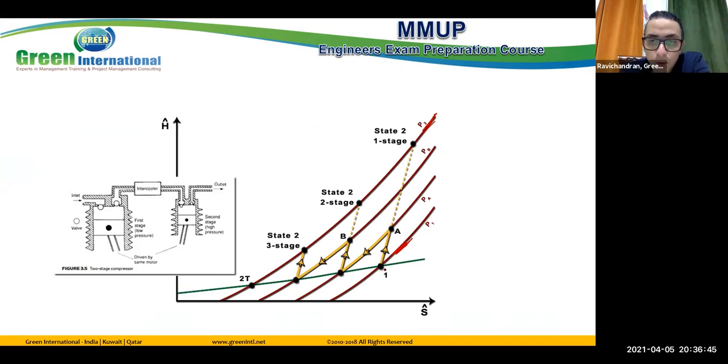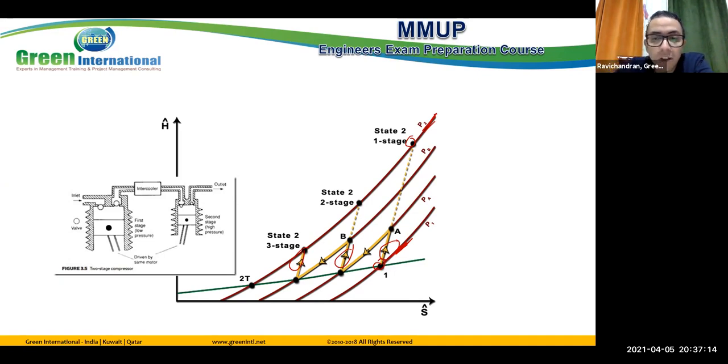So you're going to compress from 1 to 2. This is regular, but it's better to go to an intermediate partial pressure here in the middle, then intercooler, then compress again, intercooler, and press to the certain pressure required. The sum of the compression here, the total, is still less than the direct compression from 1 to 2.